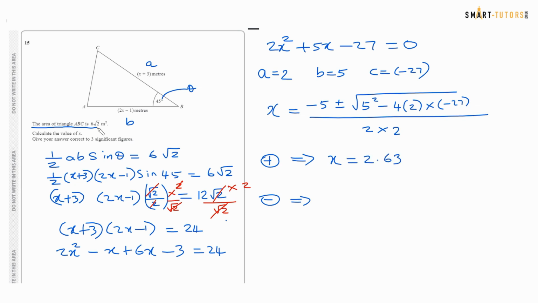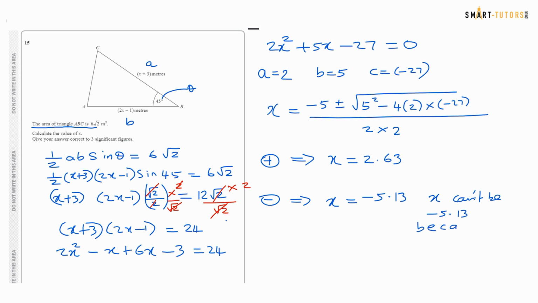So consider plus and you will get an answer, and consider minus, you get an answer from the calculator. It's a calculator paper, so if you press the calculator, x equals 2.63, and if you press the minus condition, so minus 5.13.